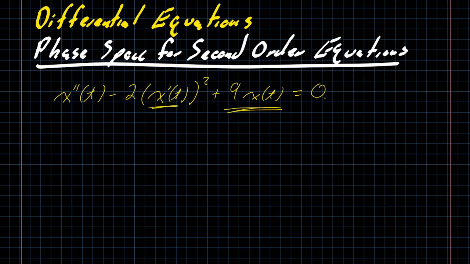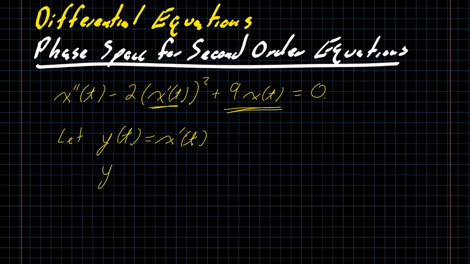The key to understanding phase space is to introduce a new parameter, a new function. Let's let y of t equal x prime of t. So my horizontal axis is position, my vertical axis is velocity.